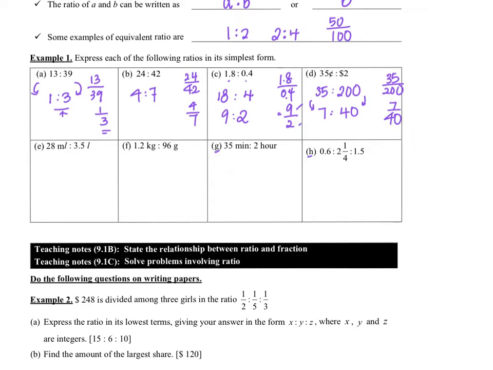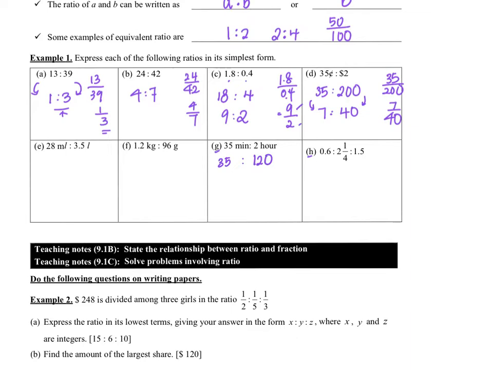So this will have 35 minutes. And that will give you 2 hours times 60 will give you 120 minutes. Now you notice that the moment I change the units on both sides to remain the same, I drop away the units. So a ratio does not have units itself.